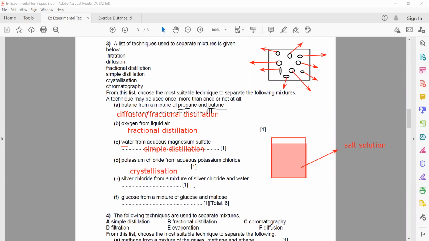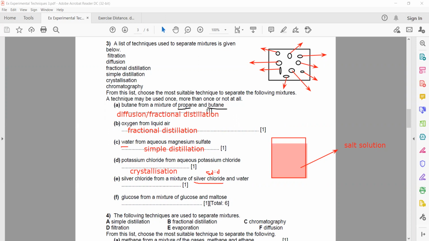A silver chloride from a mixture of silver chloride and water. So as we discussed, most chlorides are soluble except silver, mercury, and lead. So this is insoluble. So this will be solid. So right now we don't have a salt solution.